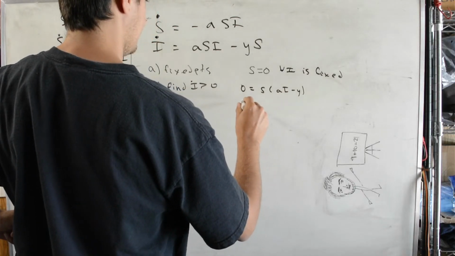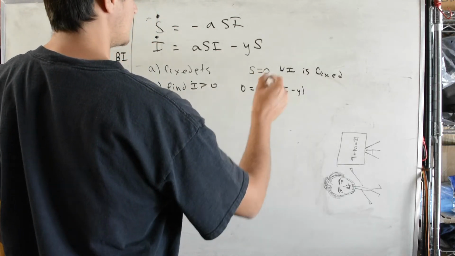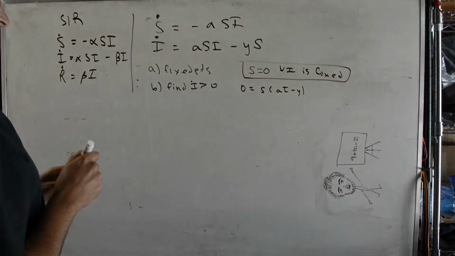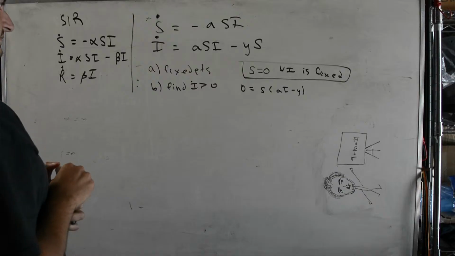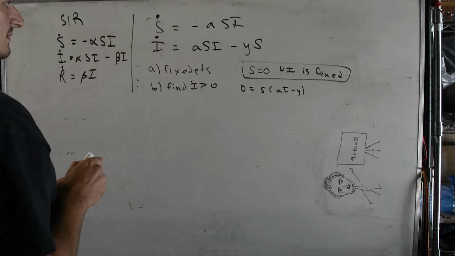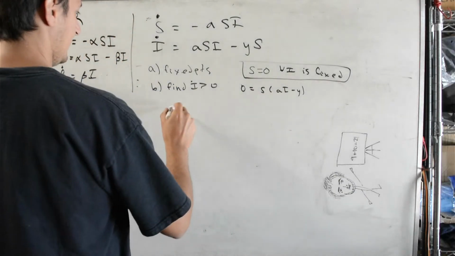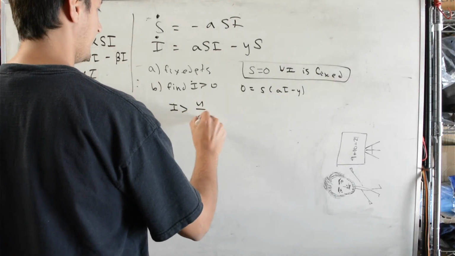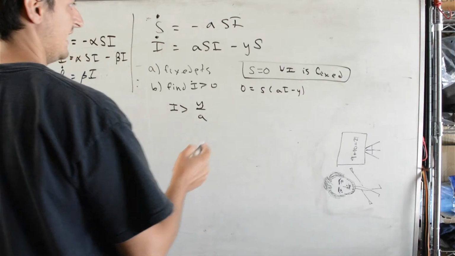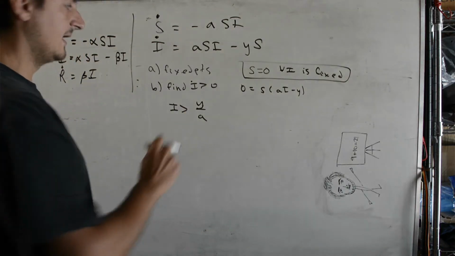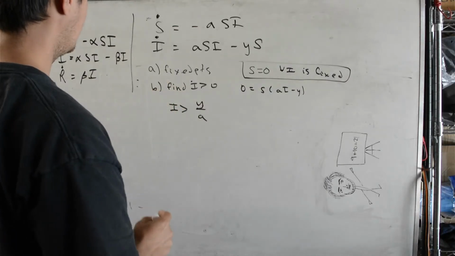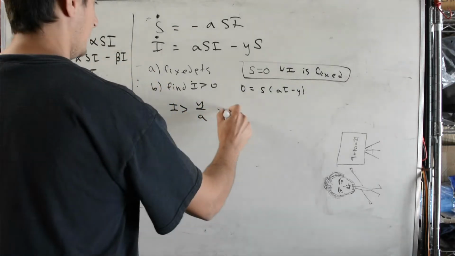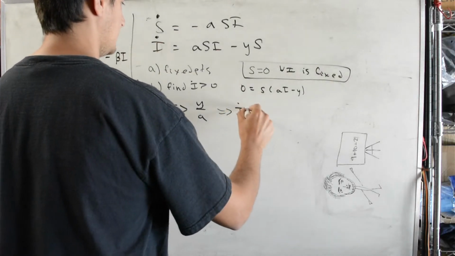I think it's just this. I think it's the same as the last one. It's like we only have the case where. But now if I is greater than Y over A, then I dot is greater than 0.